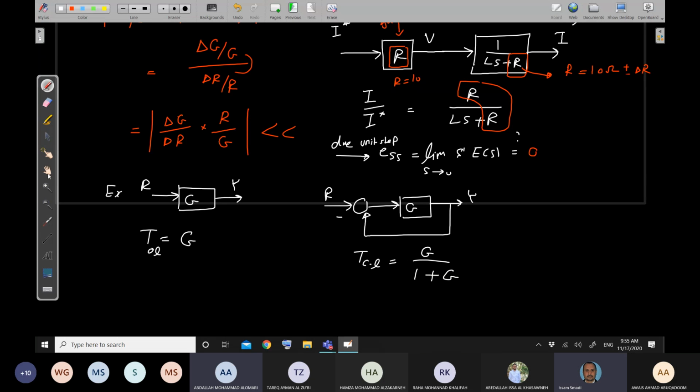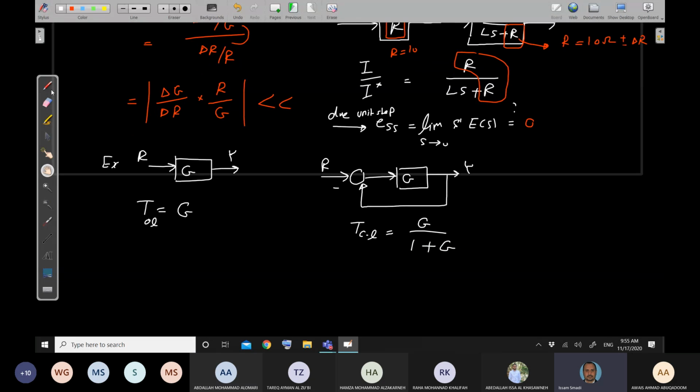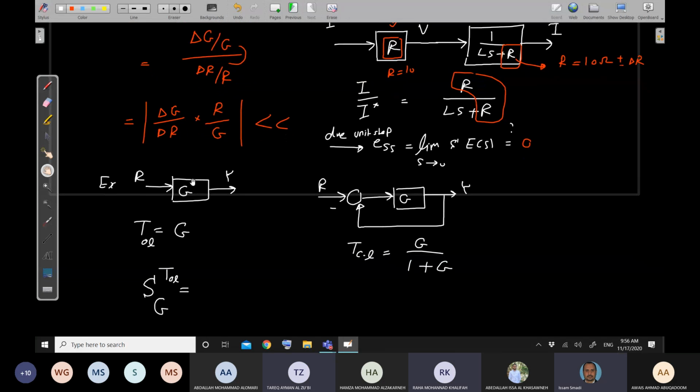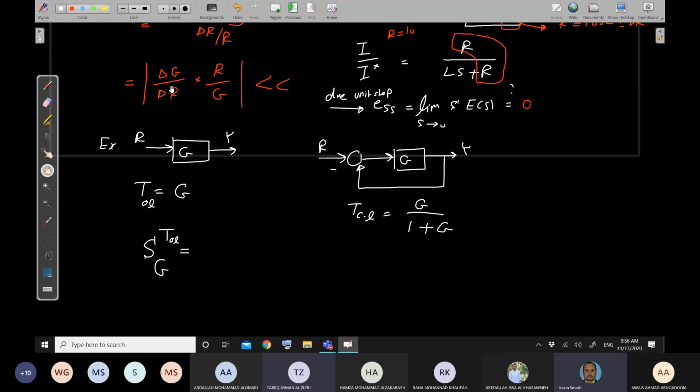Now, let's assume that I need to study what will happen to the closed loop if the open loop is changing. The first one, who can evaluate this? It's the same equation.